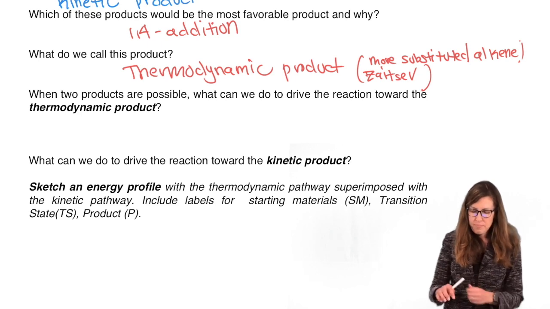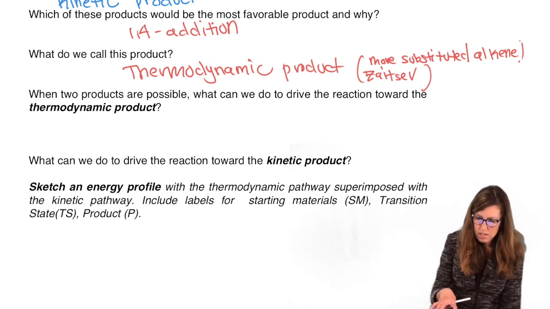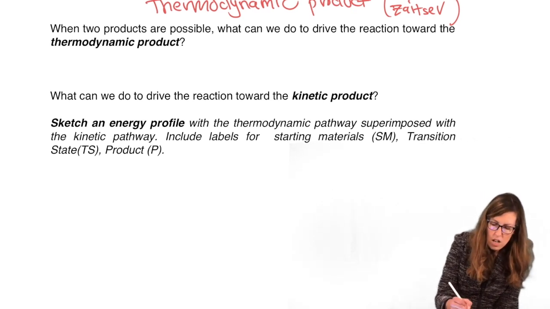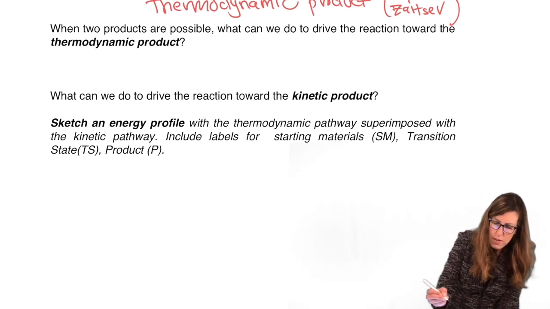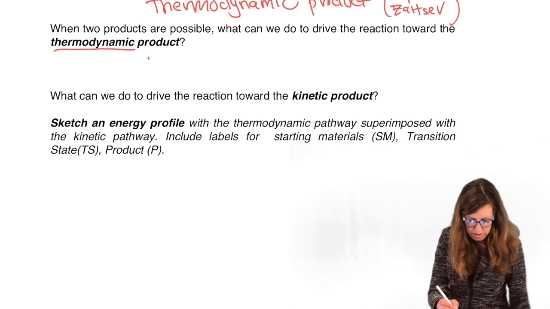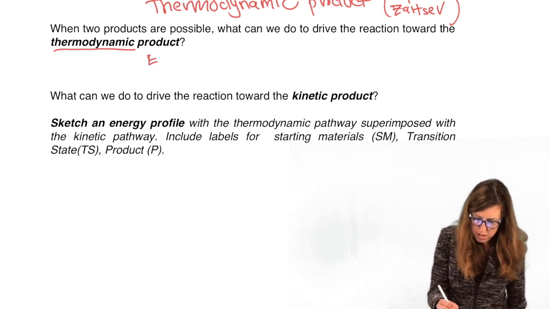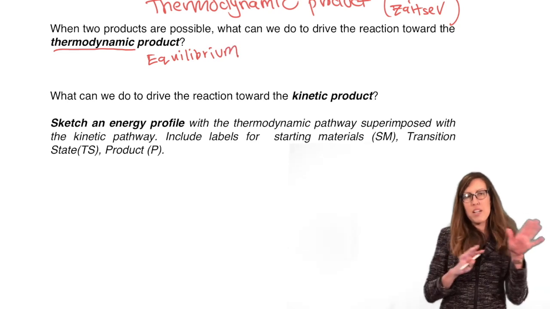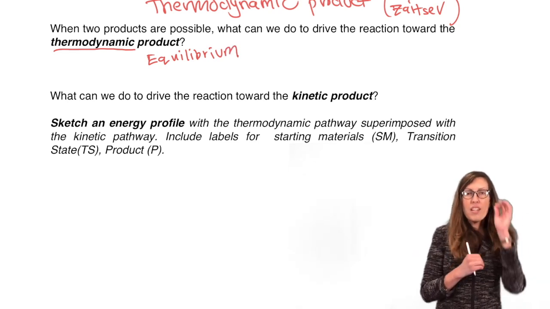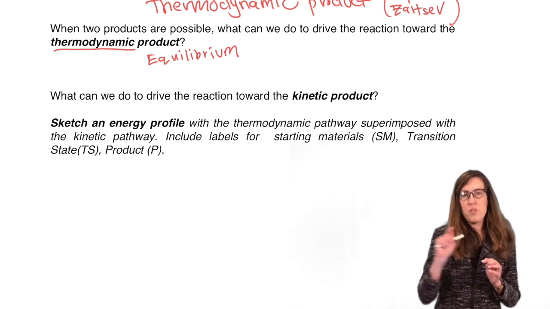Okay, so things that favor the thermodynamic product are reversible reactions. I'm going to write in red because it's thermodynamic, and that was our red path. So reversible reactions, in other words, equilibrium conditions. So you encourage equilibrium because if you think about it, you're almost letting the reaction have a do-over if you have an equilibrium as opposed to unidirectional.